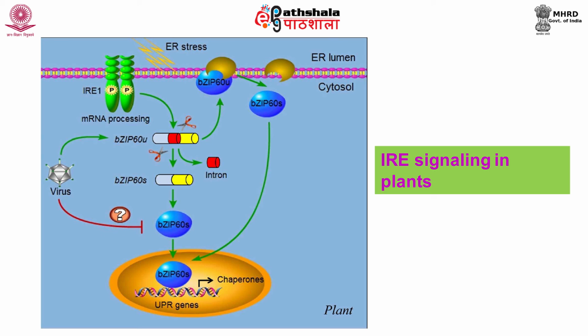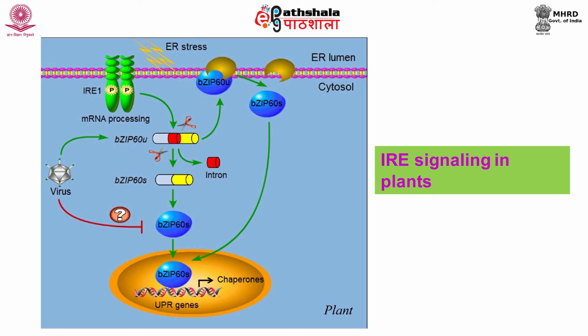Arabidopsis possesses at least two IRE1 like proteins, ATIRE1A, ATIRE1B, and OSIRE1 harbor all structural features of yeast and mammalian IRE1.